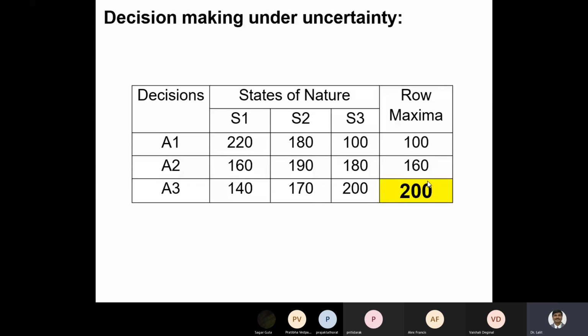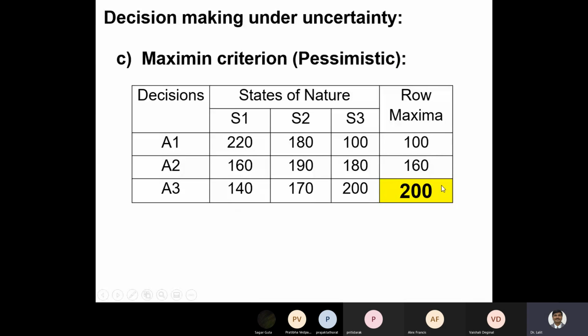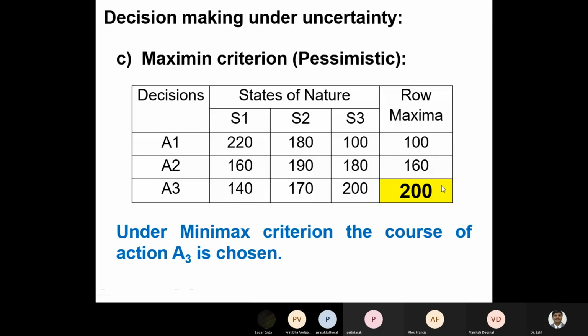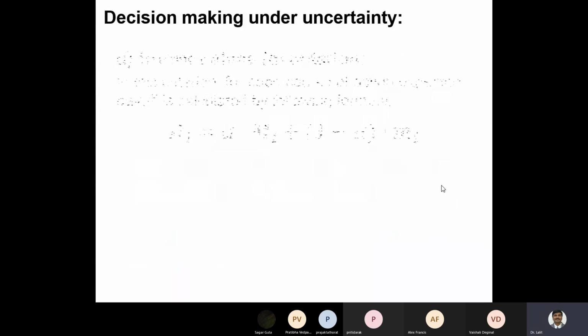Just a minute, something went wrong here, it should be 140. The table got a bit messed up here. So the row minima for the first row is 100, for the second row is 160, and for the third row is 140. So we should choose action A2, the maximum among minima. Action A2 should be chosen, right?